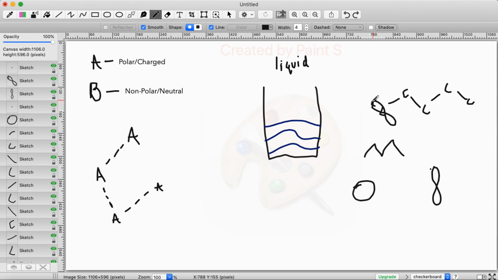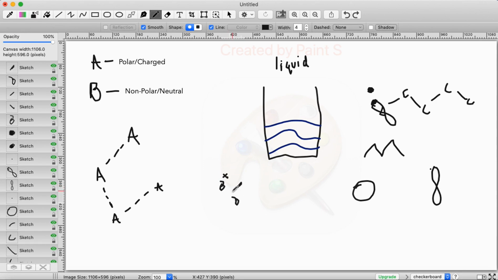This is the orbiting path of the electron. Let's say the electron's here at one point in time. Then there's slightly more negative charge, slightly more electron density over here than over here. It's the same kind of idea as the polar, except the polar is constant.